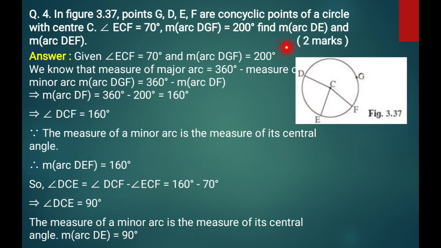From this total angle we subtract the given angle ECF, 70 degrees, so we get angle DCE. Substituting the values, angle DCE is 90 degrees. The measure of a minor arc is the measure of its central angle, so the measure of arc DE equals 90 degrees.